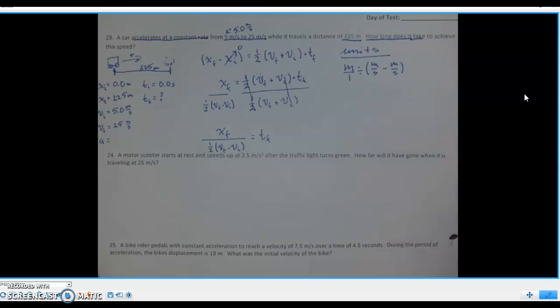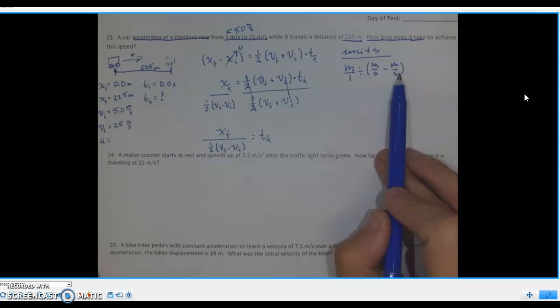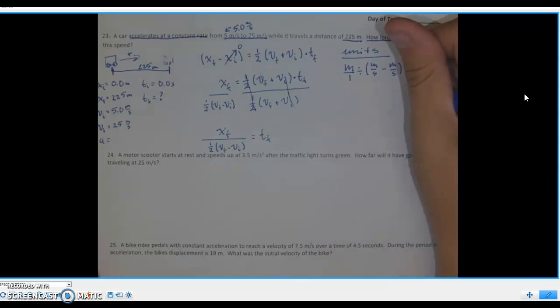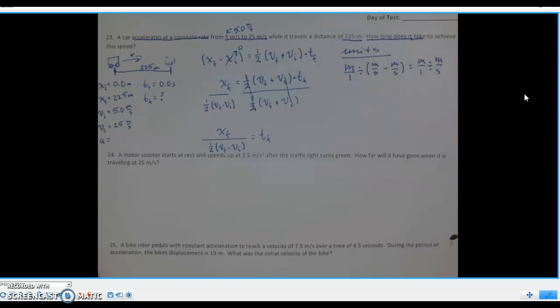And then I'm just putting that over 1 so that I'm dealing with two fractions here. Meters per second plus meters per second is just meters per second. So this would be like m over 1 divided by meters per second.